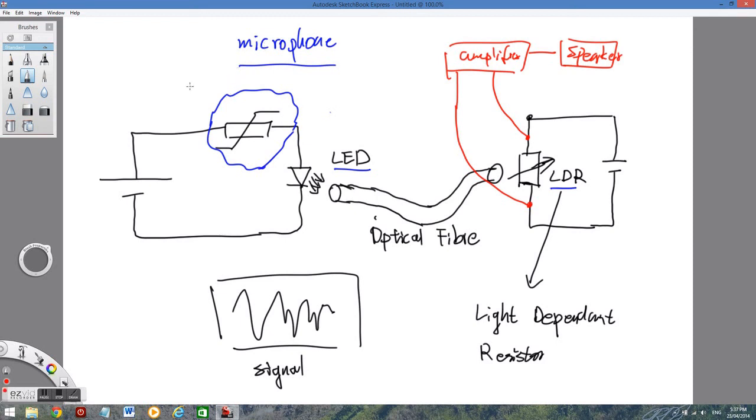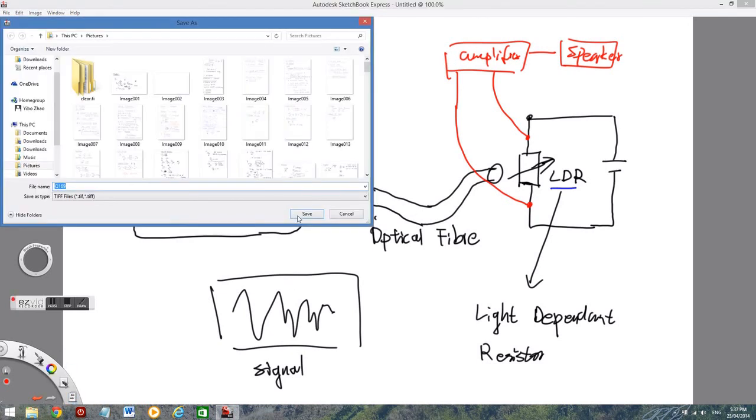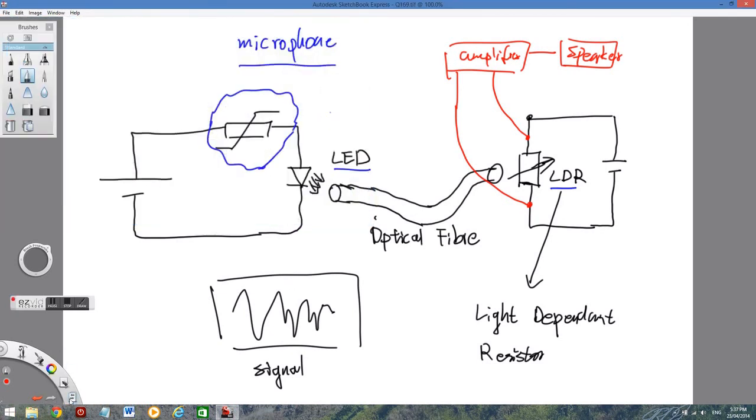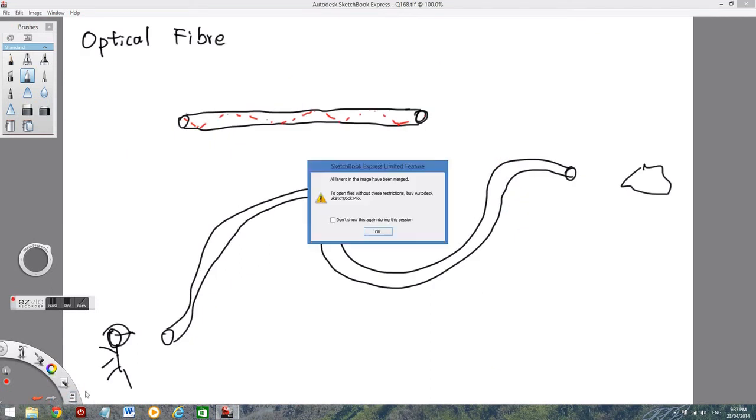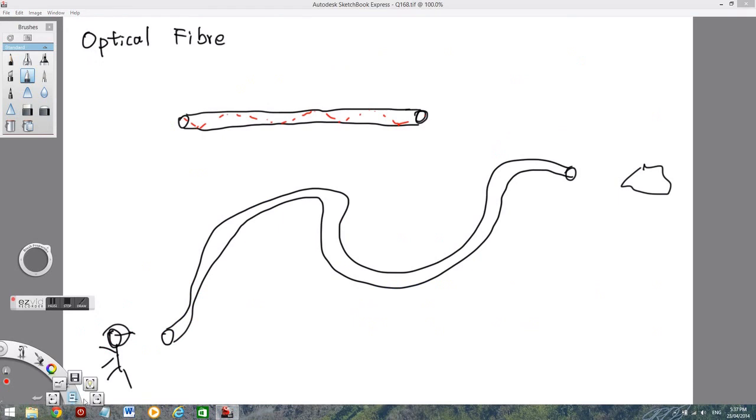So in this way, because we use the optical fiber, it's very efficient. If I compare with what happened before, using metal copper wire, we don't have the attenuation and skin effect problem. The signal is clear and better.